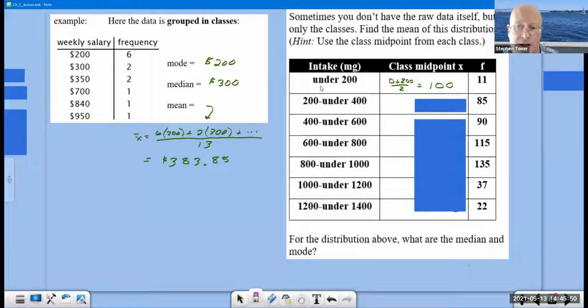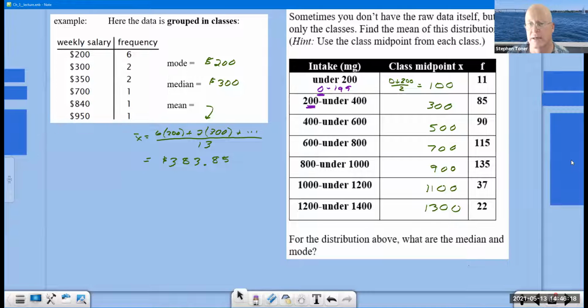For example, this class really goes from 0 to 199, but we take the lower class limit from this class, the lower class limit from the next class, and we add them up and divide by 2, which just turns out to be 100. And when you do the same thing for the next class, halfway between 200 and 400 is 300, and likewise going down the whole list.